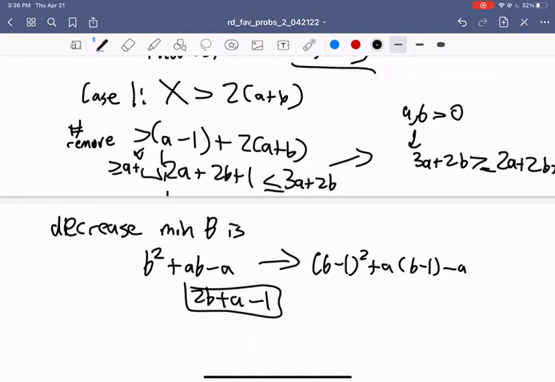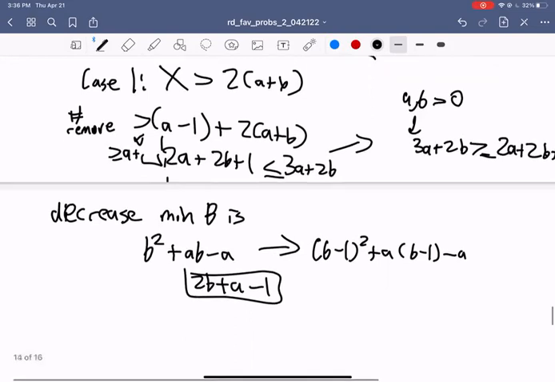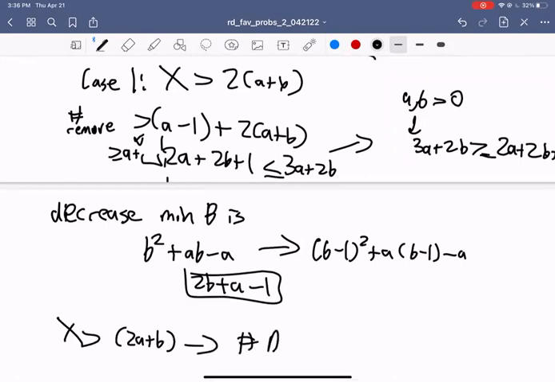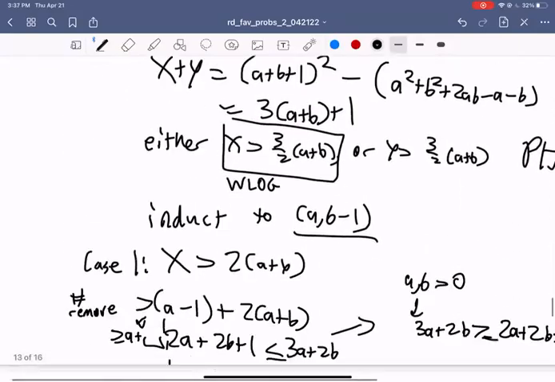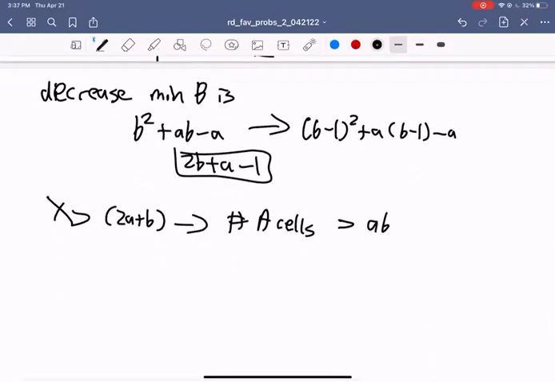And first, we can notice that if X is greater than 2A plus B, the number of amber cells is greater than AB plus A squared plus 2A plus B.